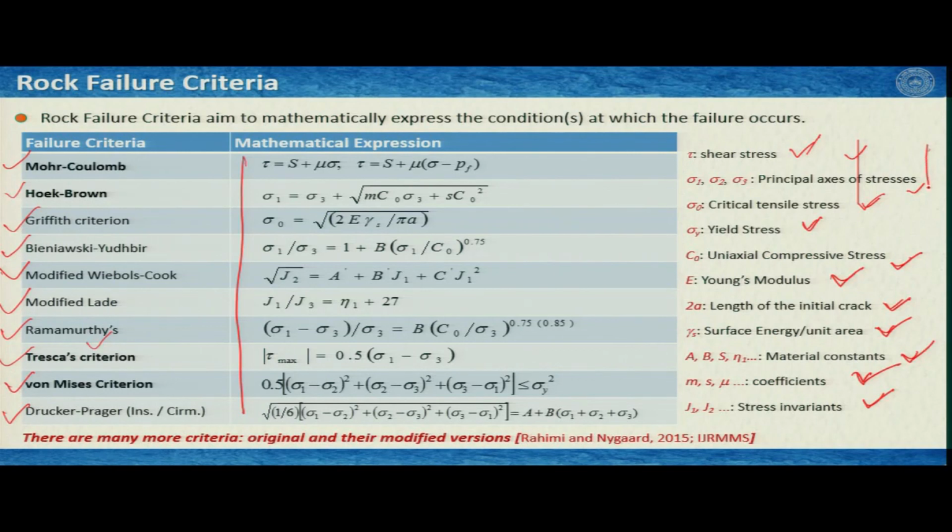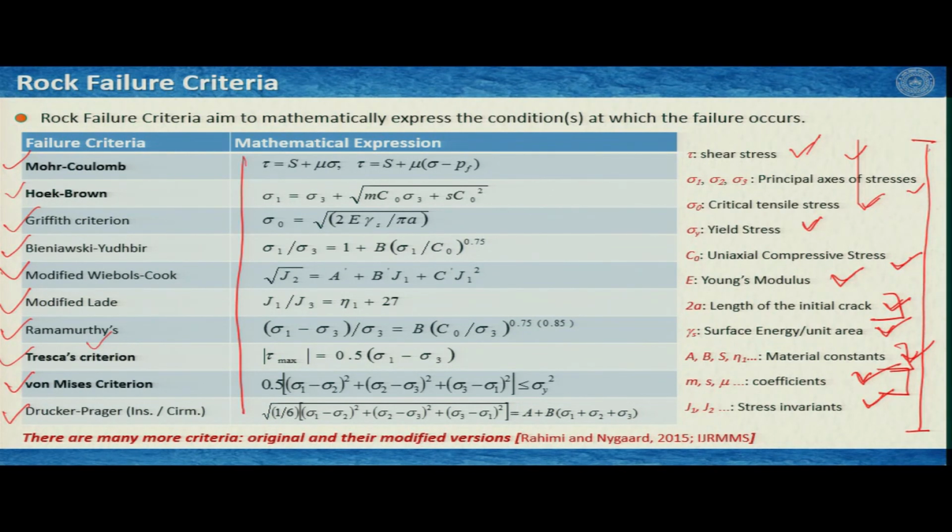So, we see that all these are related to the stress of the system, and at the same time some material constants, material parameters, material coefficients, and also some geometric considerations, like the length of the initial crack and so on.